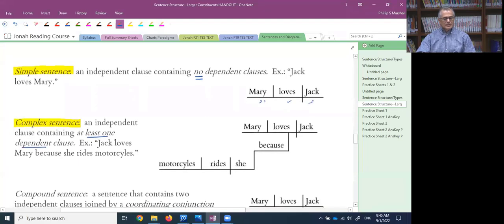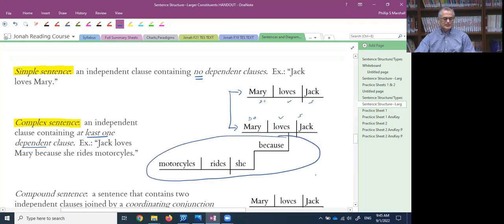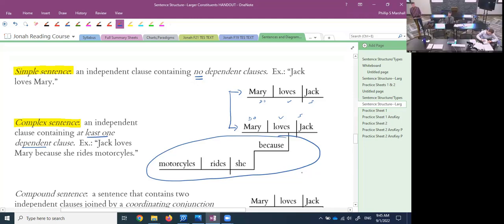So look at my example. Jack loves Mary because she rides motorcycles. Now the simple sentence and the complex sentence start off exactly the same way, right? And they're both diagrammed the same way. Jack loves Mary, subject, verb, followed by a direct object slot with a straight line that stops on the baseline. But what have I added here? I've got this dependent clause that's been appended.